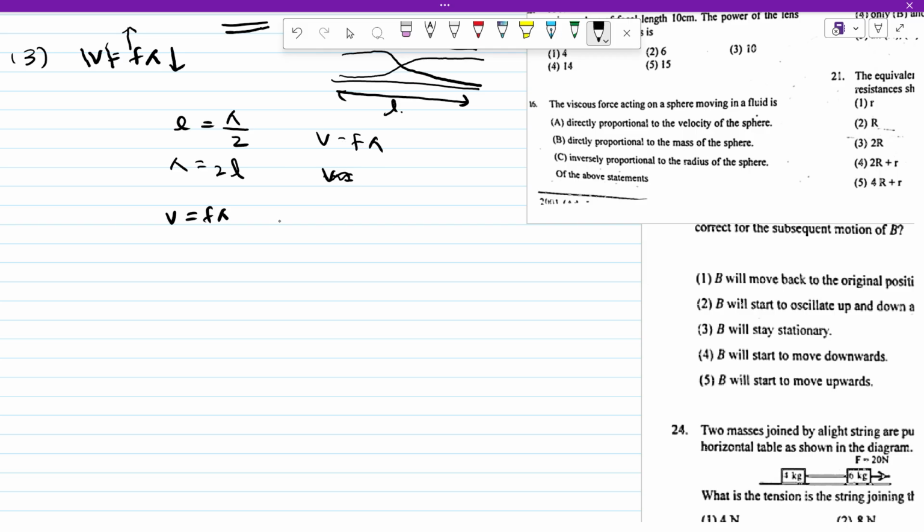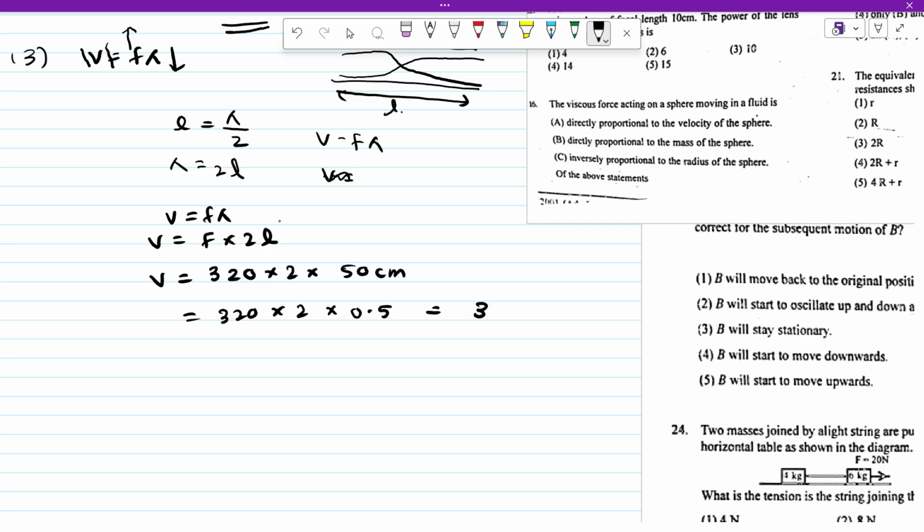V equals F into 2L, V equals frequency 320 into 2 into 50 centimeters, 320 into 2 into 0.5 meters. You must be able to convert this to meters, and then the final answer is 320 m/s, which is the velocity.